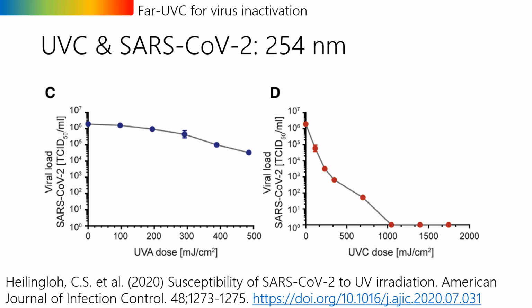They irradiated with both UVA and 254 nanometer UVC. While both had some impact, the UVC was more effective. A dose of just over 1,000 millijoules per centimeter squared resulted in a 6 log reduction in the viral load. That 6 log reduction is generally regarded as being enough to state that the virus has been inactivated.